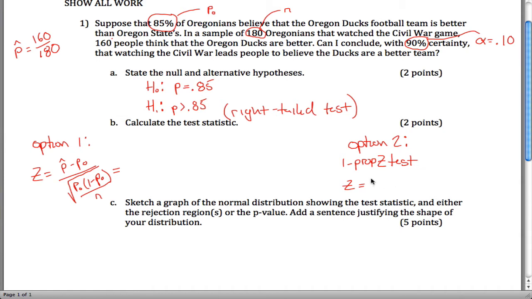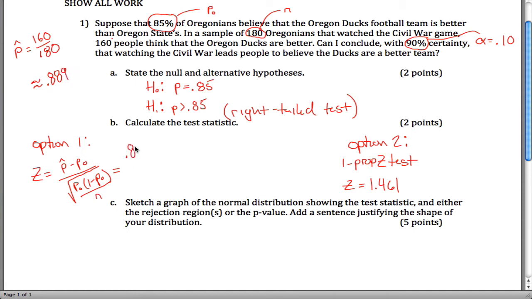What you'll get is that Z equals 1.461, which is the same thing we'd get over here. Maybe I should put the numbers in. P hat is whatever this percentage is, 160 over 180. Maybe I'll calculate that real quick. It's approximately 0.889.